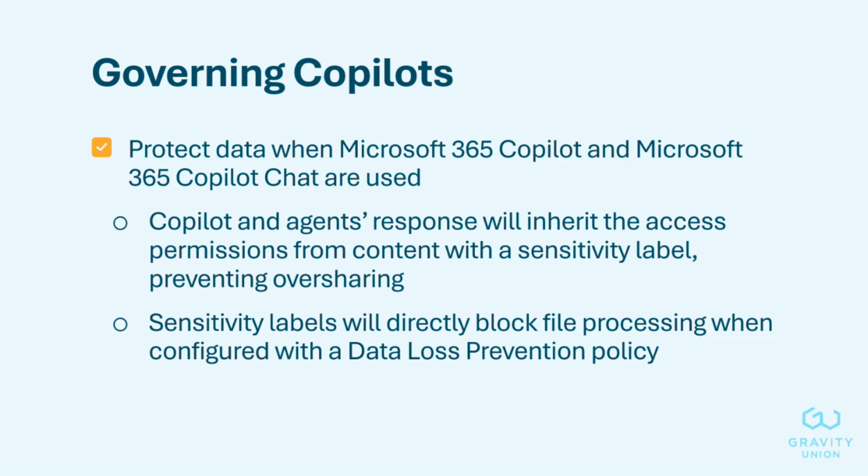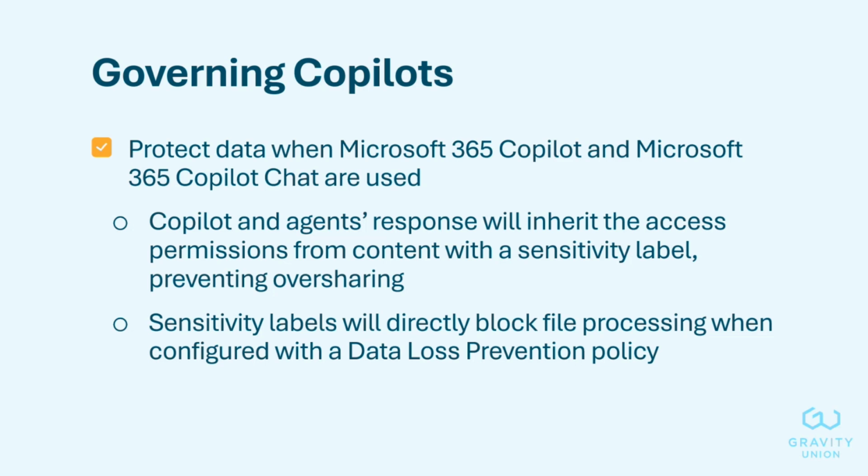So here, particularly calling out that you have Copilot for Teams and you are a user asking that Copilot agent a question about the files that you have access to, and it responds drawing from information on files that have a sensitivity label. The response that it is giving you within the chat will also inherit that sensitivity label. So you'll be able to see it on the chat response, as well as, if you are enforcing access controls, it will restrict you from sharing that response to external parties, for example.